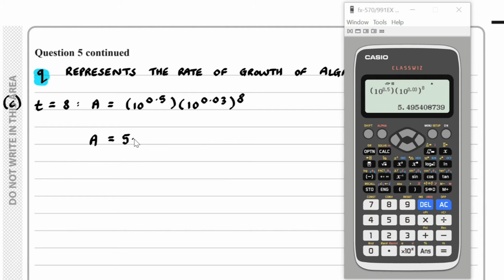So we end up with 5.495, etc. And so we can conclude over here A is equal to 5.5 kilograms, and that is to the nearest 0.5 kilograms.